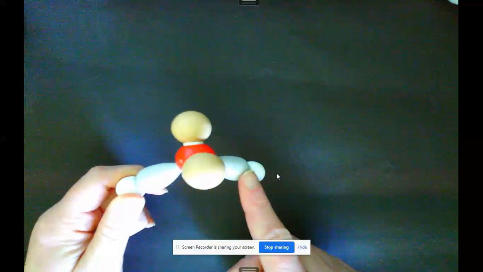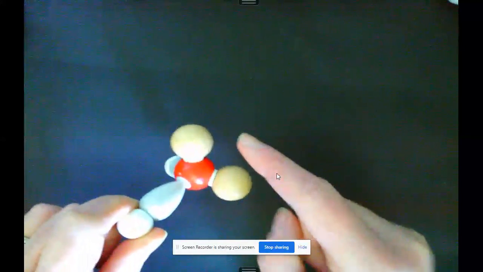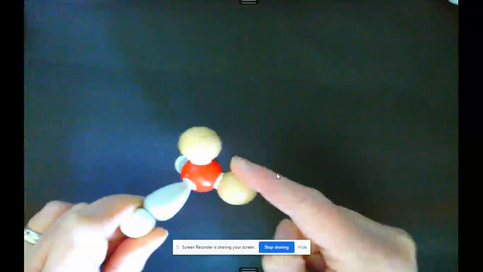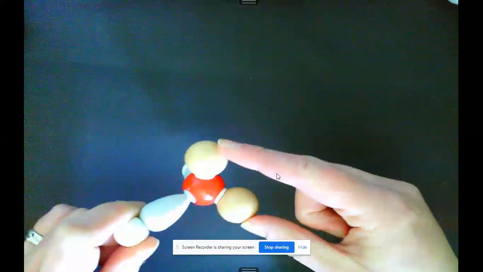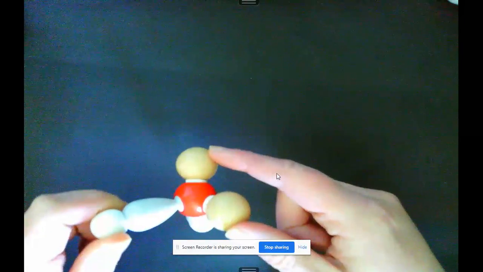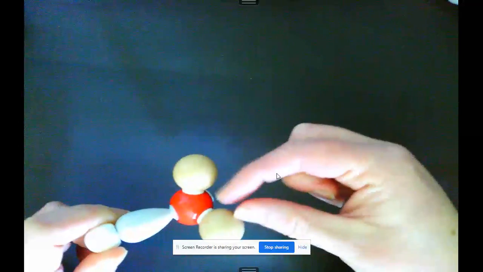We have repulsion between the non-bonding pair and the bonding pairs, which we met again in ammonia. But now we have an additional form of repulsion, the repulsion between the 2 non-bonding pairs. Now this is the greatest type of repulsion. These 2 non-bonding pairs of electrons do not want to be anywhere near each other, so they will push themselves apart from each other.